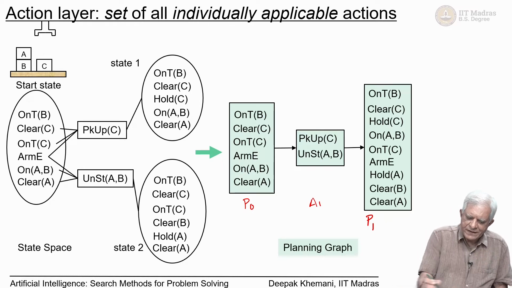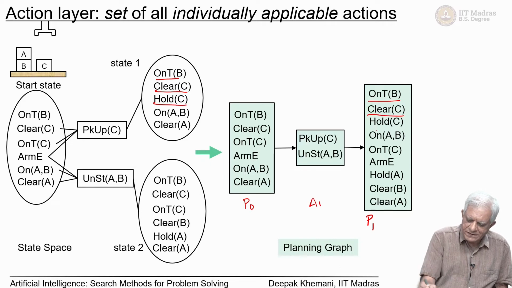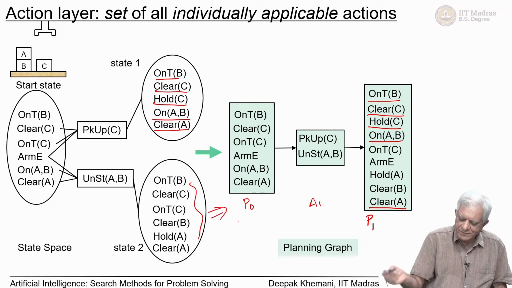So, you can see that for example, on table is here in the state and it is here in this state, clear C is here, clear C is here, hold C, which is short form for holding C, is here, on AB is here, on AB is here, clear A is here and clear A is there. And you can see that even the propositions from this also find their place in P1 essentially.